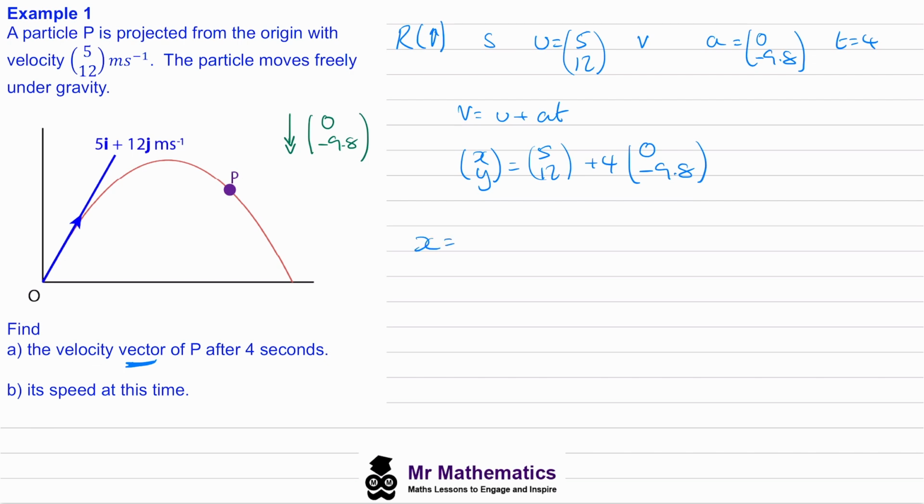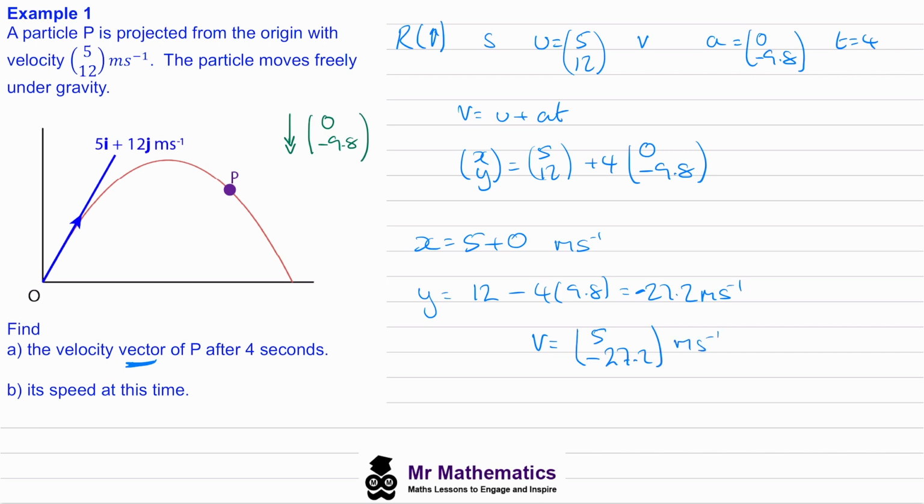So x will be equal to 5 plus 4 lots of 0, so just 5. The y will be the 12 plus 4 lots of negative 9.8, so 12 minus 4 times 9.8. And this works out as negative 27.2 meters per second. So as a vector then, v will be 5, negative 27.2 in column vector form.